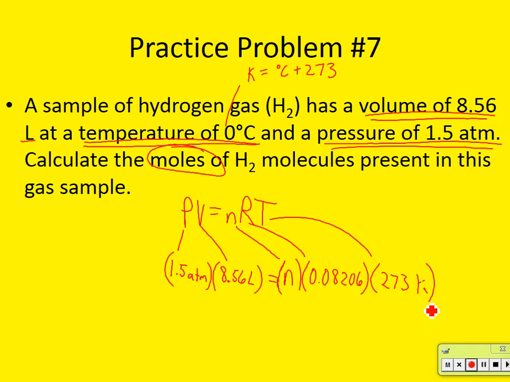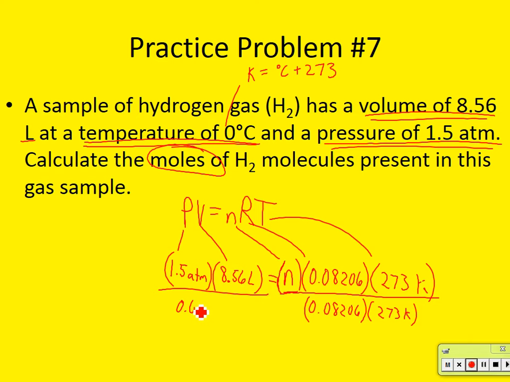Now we have an equation with one unknown. Can we solve for n, the number of moles? Sure. What should we do to get n by itself, guys? Let's divide by 0.08206, and let's divide by 273 Kelvin. But if I do it to one side, do I have to do it to the other side? Yes.